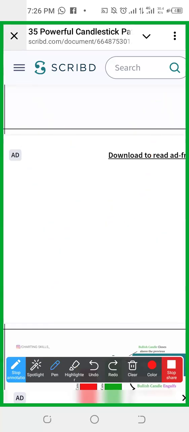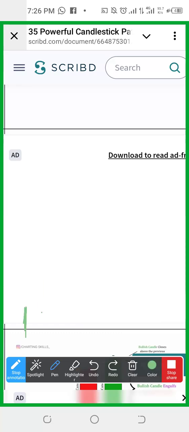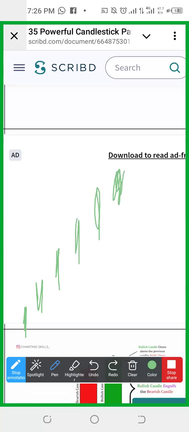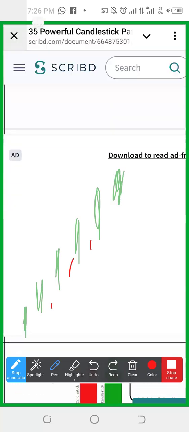In an uptrend, there will be more green candles coming up like this, and there will be few red candles, because the bulls, the buyers, are the ones pushing the coin up, so it will be in an uptrend.